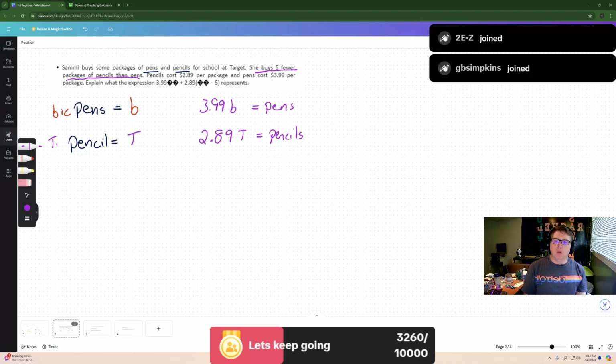Now remember, an expression doesn't have an equal sign. We're just trying to write how this works. Once again, she's going to buy 5 fewer packages of pencils than pens. So if we talk about pens, we are going to take our pencils and subtract 5 from them.